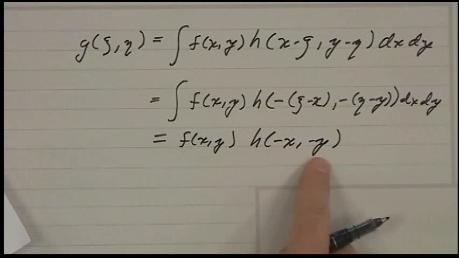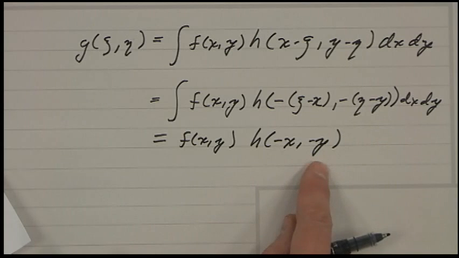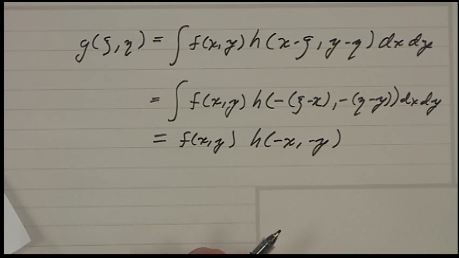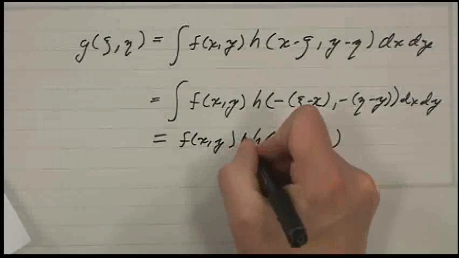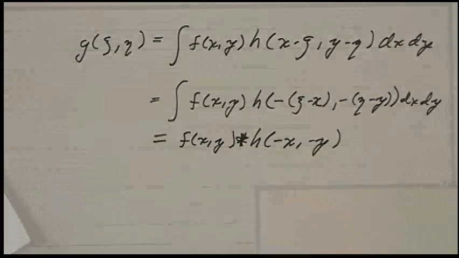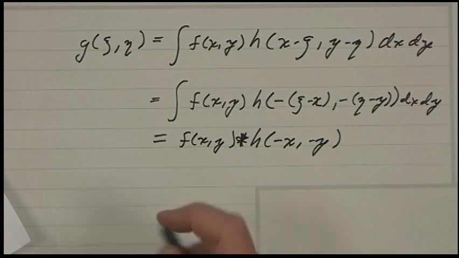Now h is often a symmetric function spatially, so you don't notice the difference between convolution with the space reverse and the original function. So this is convolution.